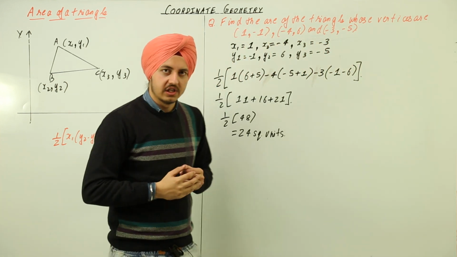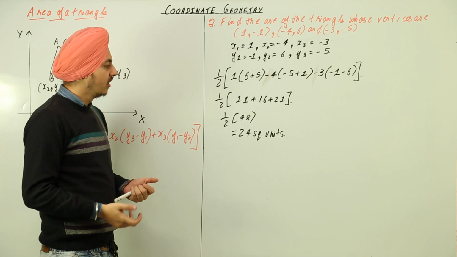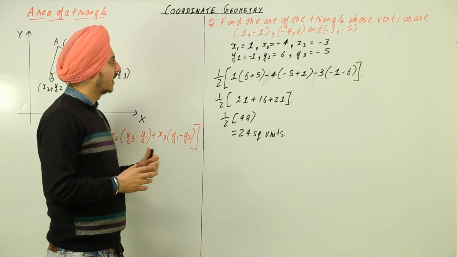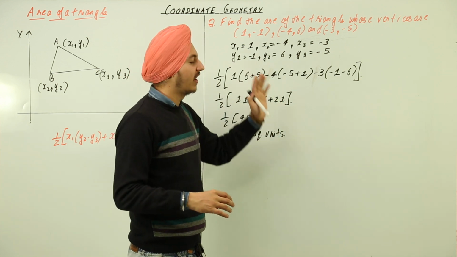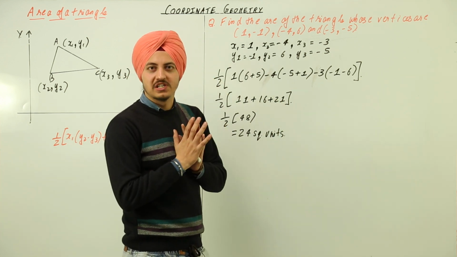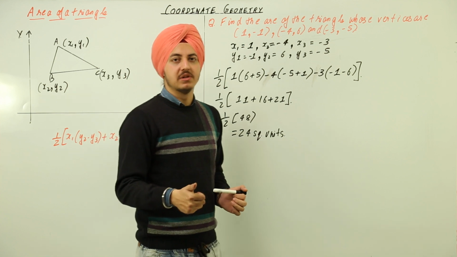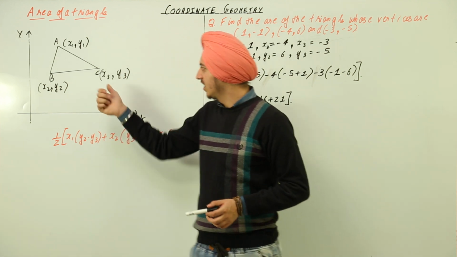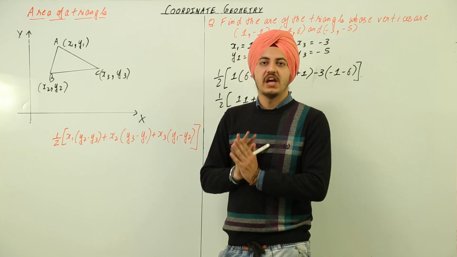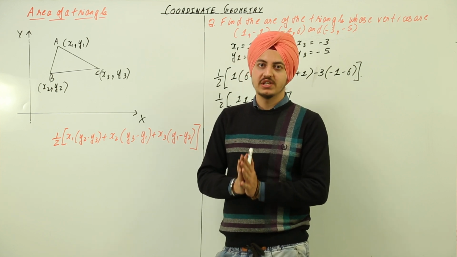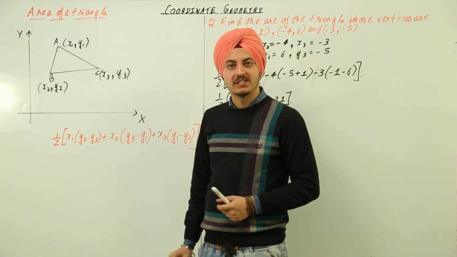Now I'll tell you a little bit more theory for this. We have a formula to find the area of a triangle when the vertices are given. But what happens if the three given points do not form a triangle? What other figure can we draw from 3 points on an xy axis?